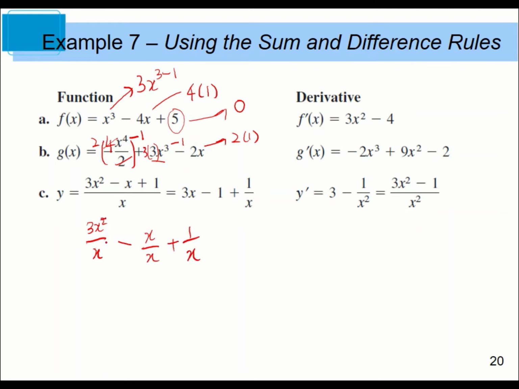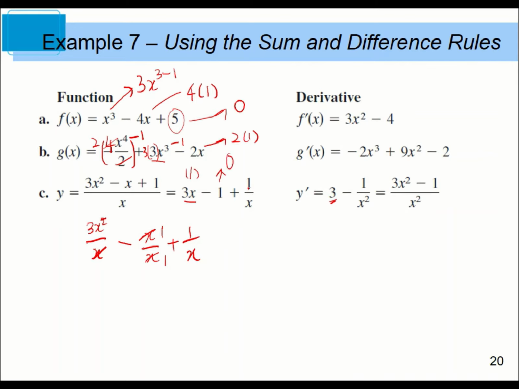So 3x squared over x gives us 3x, then x over x simplifies to 1, and plus 1 over x. Now we differentiate. Differentiating 3x, we get 1 times 3, which is 3. After that, differentiating 1 gives us 0, so we do not have to write anything.